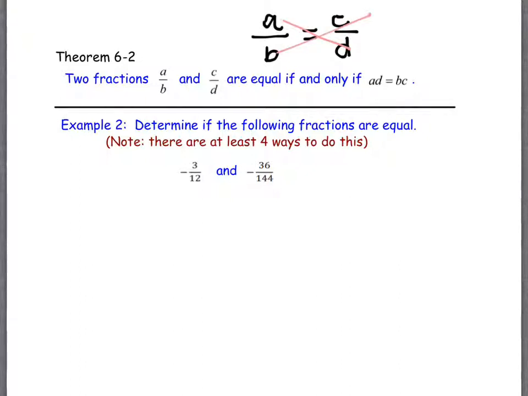Where you say A times D, so we get this AD over here, equals B times C over here. And if in fact A times D really is equal to B times C, then we have the original fractions equal as well. That's one way to determine if fractions are equal. Does anybody remember another way? There's at least 2 more ways. Without turning anything into decimals, that is not what I'm talking about.